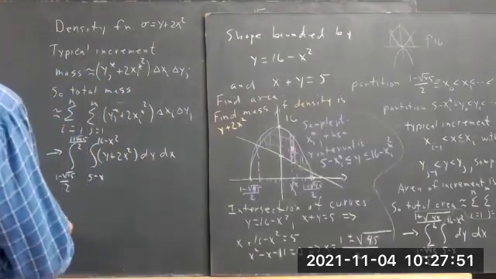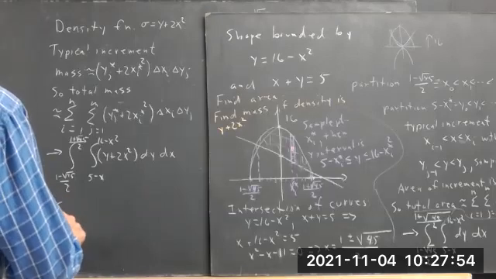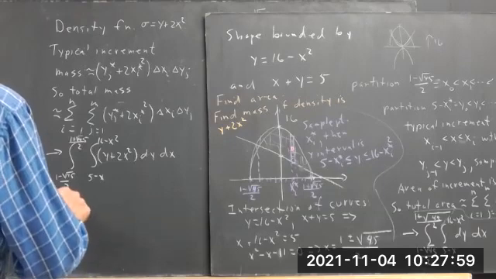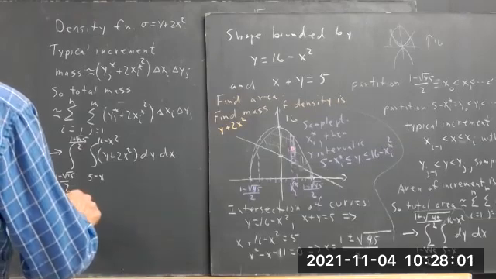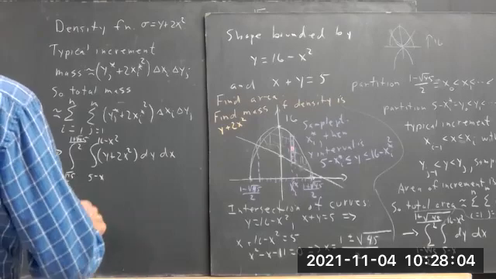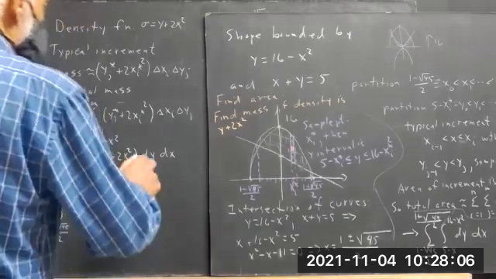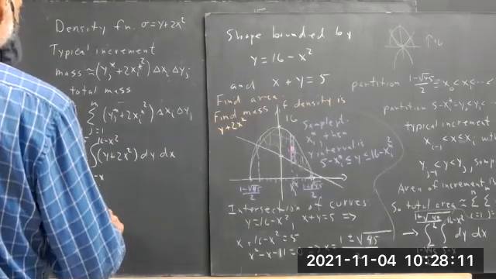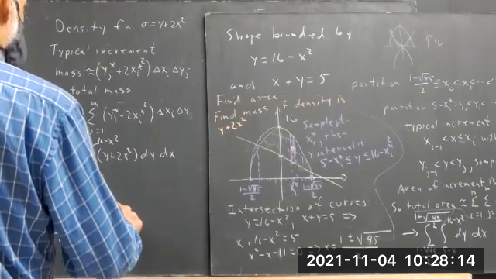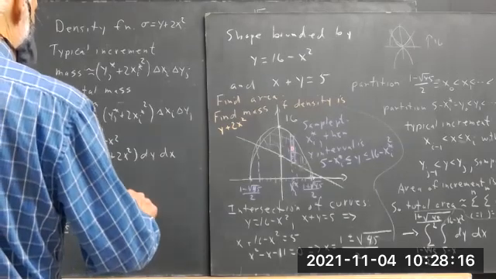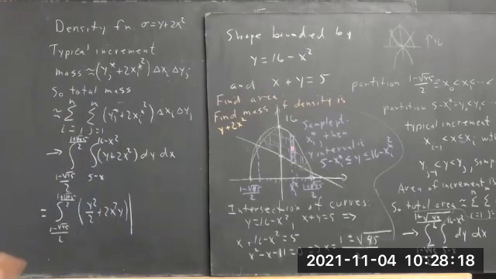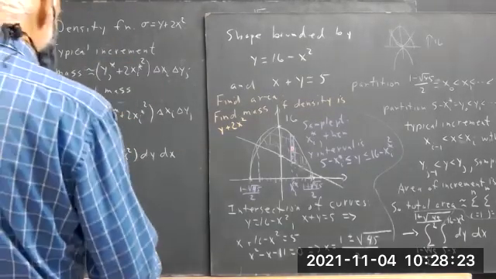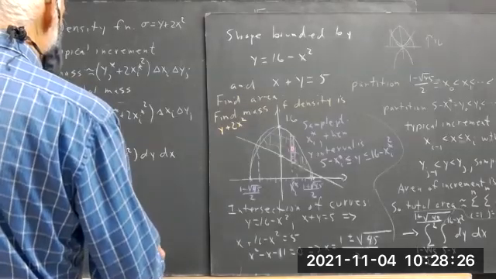Well, now we just do the integral. So first integrate with respect to y. y squared over 2 plus 2x squared y, evaluated between y equals.